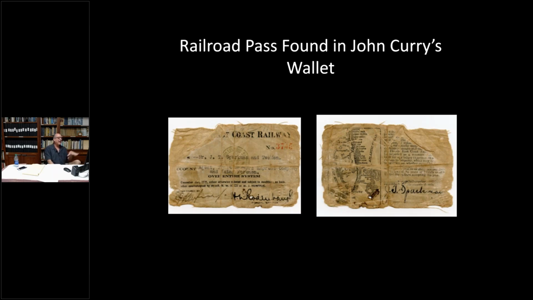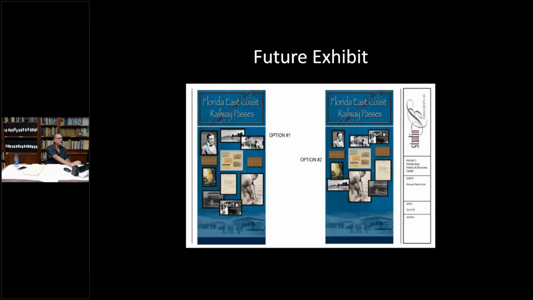This is one of the cool artifacts that we've collected, and it will be incorporated into a future exhibit showcasing not only some history of the Currys, but also some additional railroad passes that we have from the William J. Crome family. He's the old time gentleman pictured there in the upper left-hand corner in both of those exhibits. This exhibit will be coming sometime in the hopefully not too distant future.